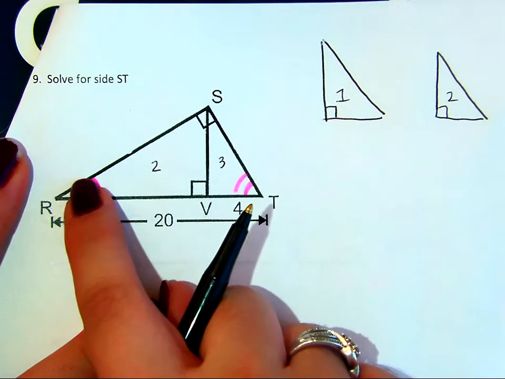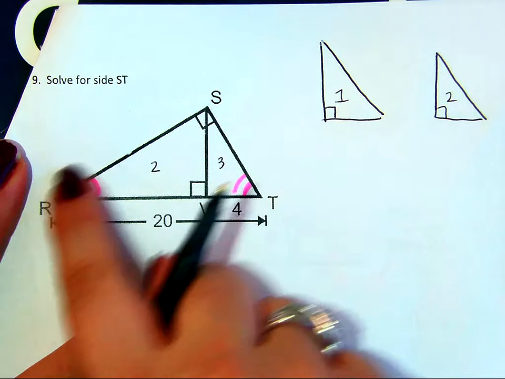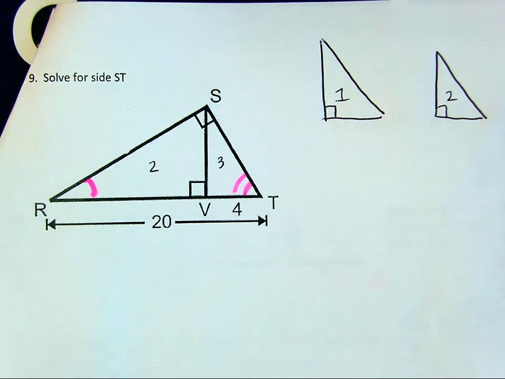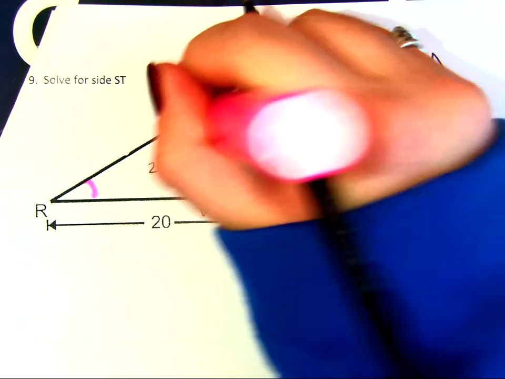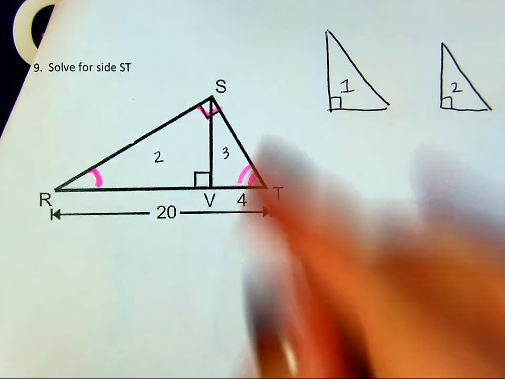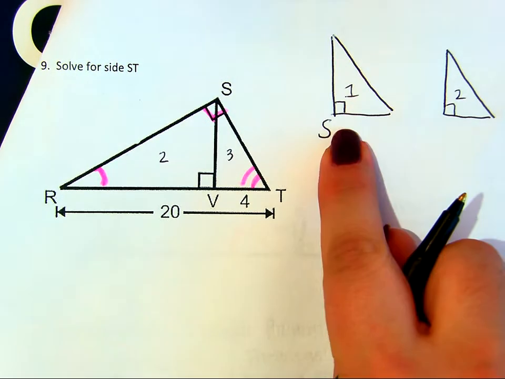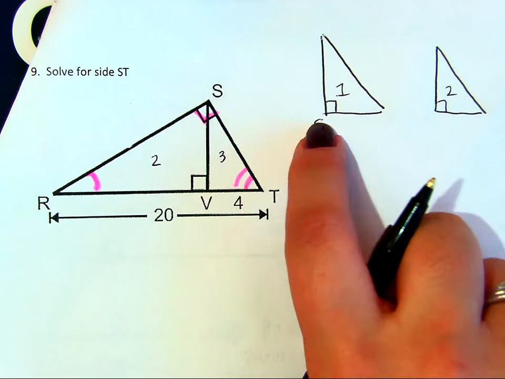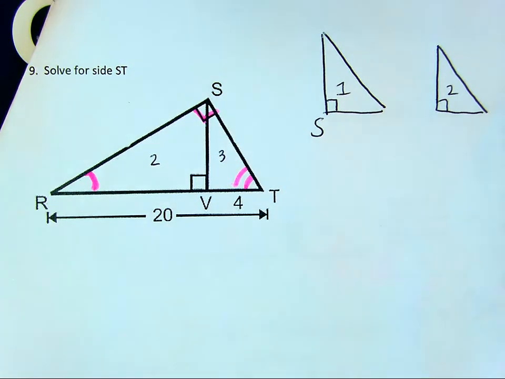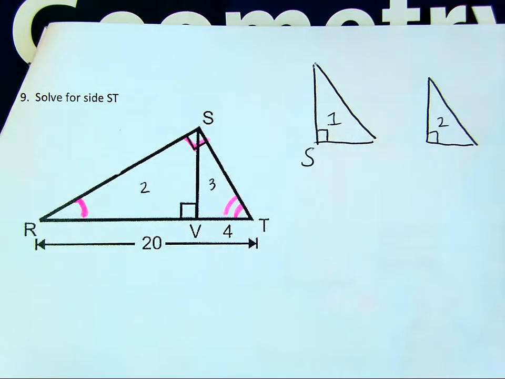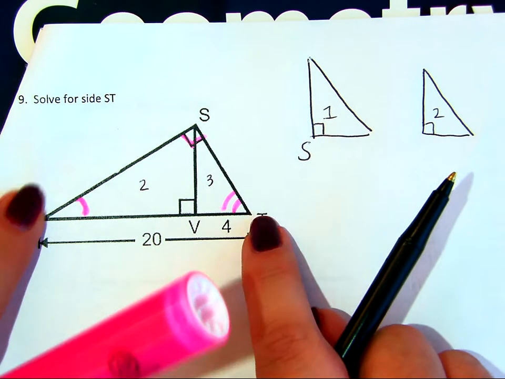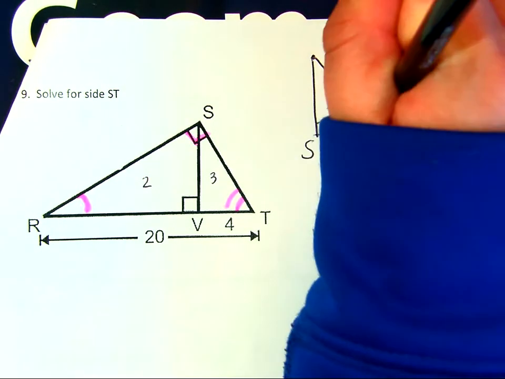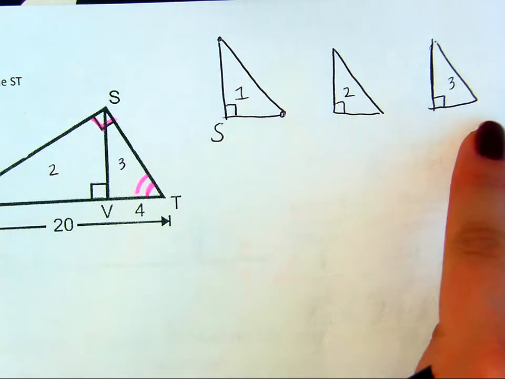Okay, so if I notice on triangle RST, which is a large triangle, where's my 90-degree angle at? My right angle, my 90-degree angle is over here at S. So on triangle 1, I want to make sure that angle is reflected here. Now here's where I have a little flexibility. I have angles R and T. So it doesn't matter where I put R or T as long as I'm consistent for my other 2 triangles.